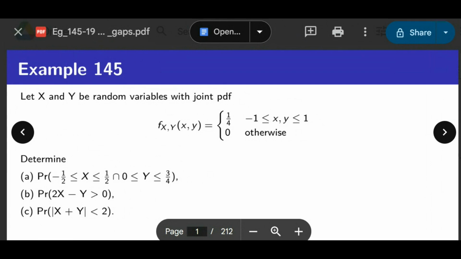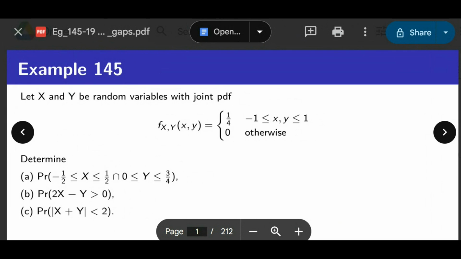The good thing is you don't actually need to bother drawing this because this is not the issue here. Of far greater importance is the region where you are supposed to integrate. Okay. So, for example, how do you answer a question like this? What is the probability that you lie inside that sub box or whatever you call it?